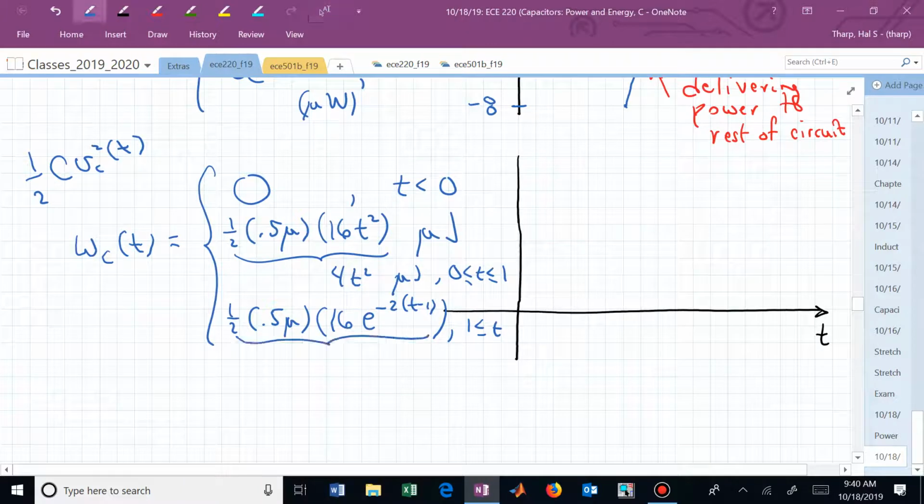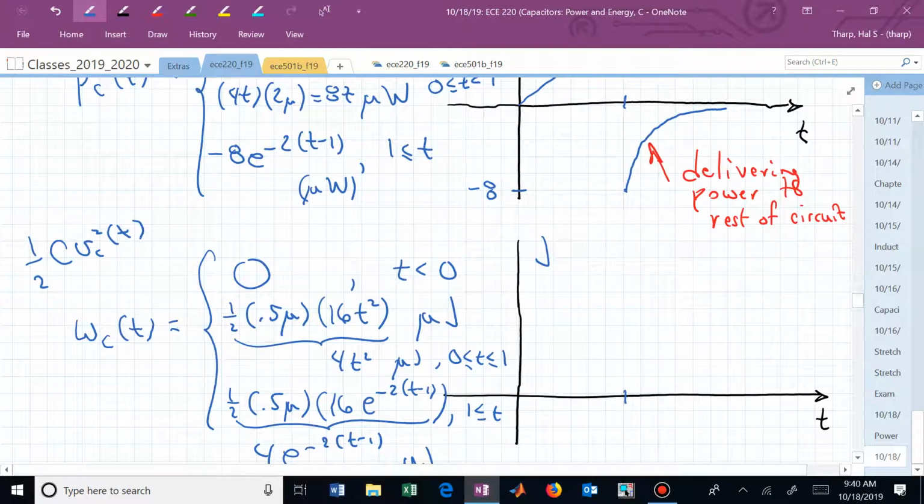Or these constants now combine like they did before, and our expression, or the waveform, now if I keep my 1 in the same location, it's now going up as t squared, and it gets to 4 microjoules.